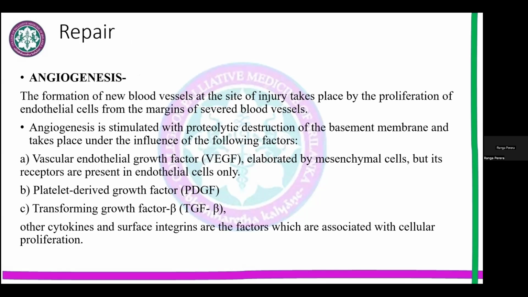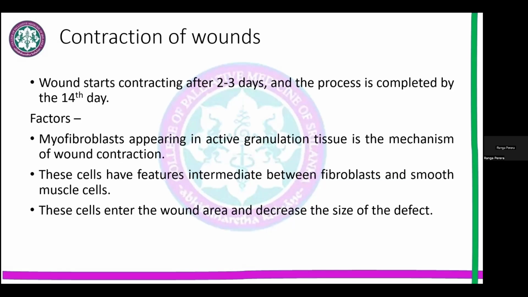Now in repair, angiogenesis needs vascular endothelial growth factor, platelet-derived growth factor, and transforming growth factor beta. All these things are cytokines which will stimulate the angiogenesis part. Angiogenesis means formation of new blood vessels. The third phase is wound contraction.